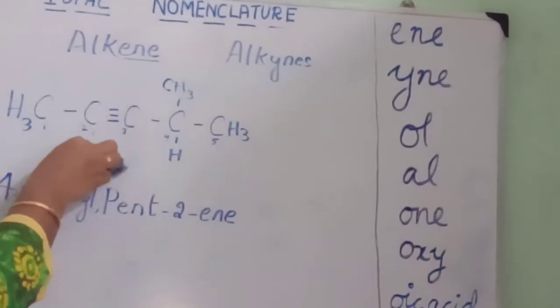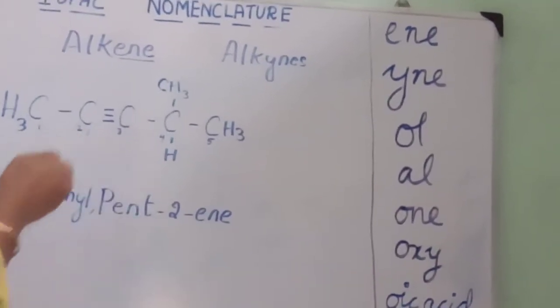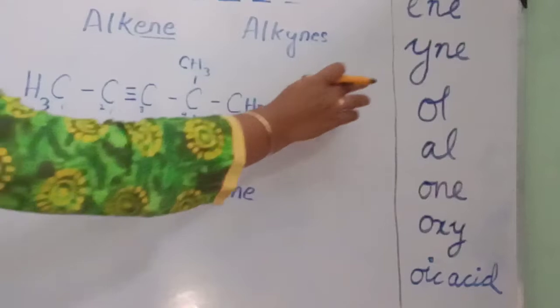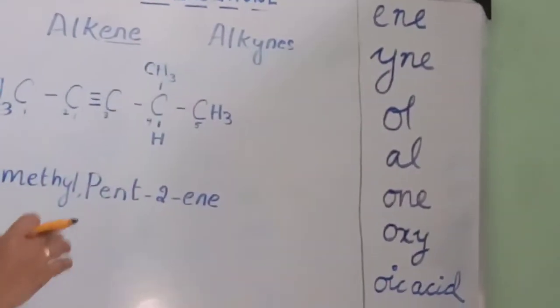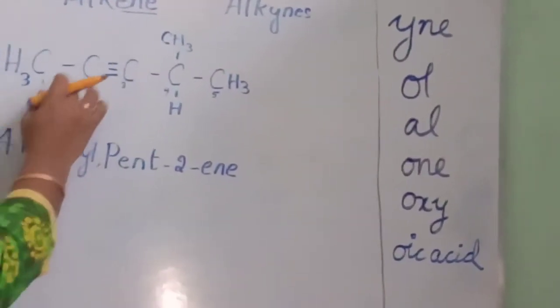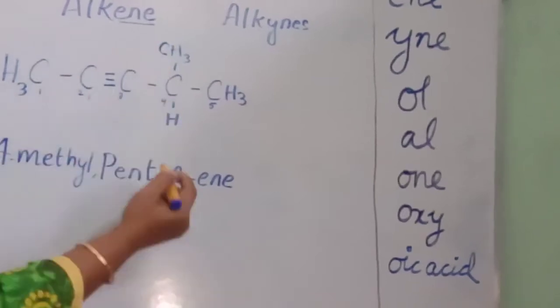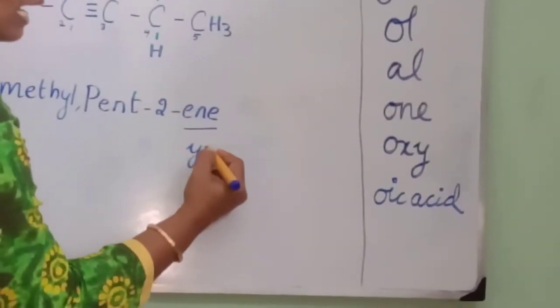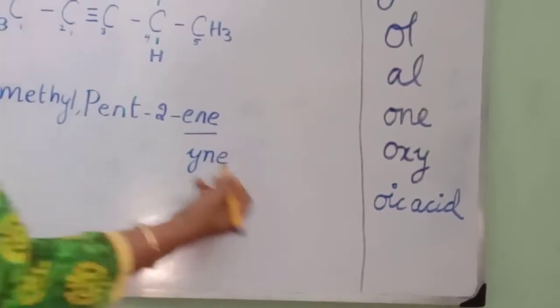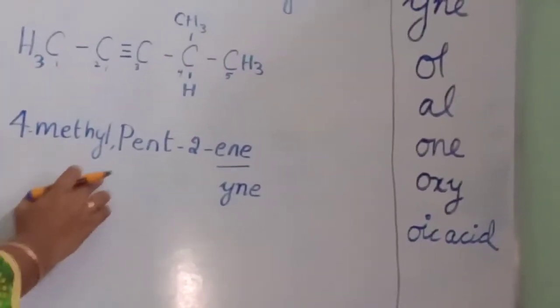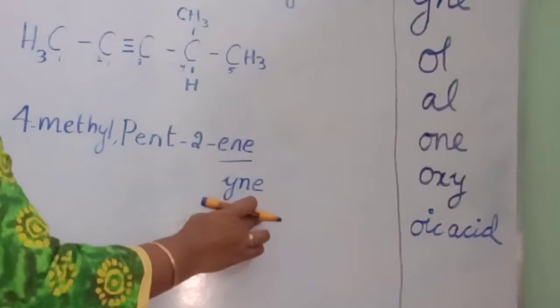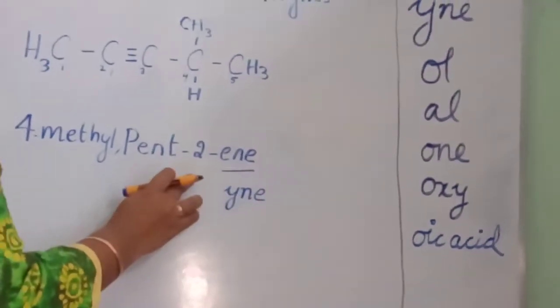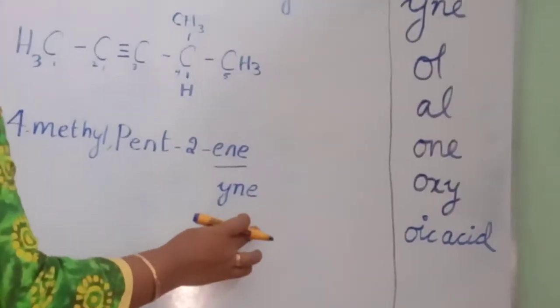Now what should my name be? Here it is carbon triple bond carbon, so instead of ene, it will be yne. There is no other difference. It will be 4-methylpent-2-yne. That means in the second position there is a triple bond.